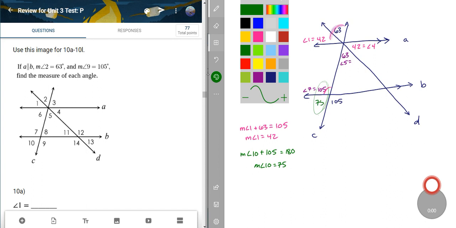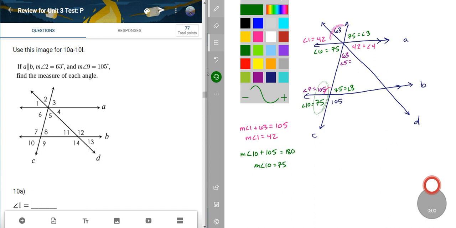Those are 75 degrees. That's our angle 10. Our vertical here is 75, which is angle 8. The corresponding, this is 75, which is angle 6. Vertical of that is 75, which is angle 3. And we've covered all of that.